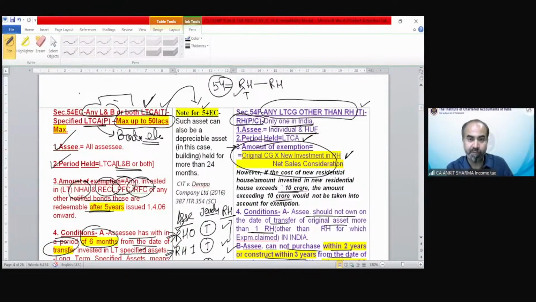Section 54, 54B, 54D are almost similar, except for the starting exemption criteria. And 54EC and 54F have similar provisions for when we transfer the asset before a certain time. In my opinion, this formula makes 54F most important for the purpose of examination.